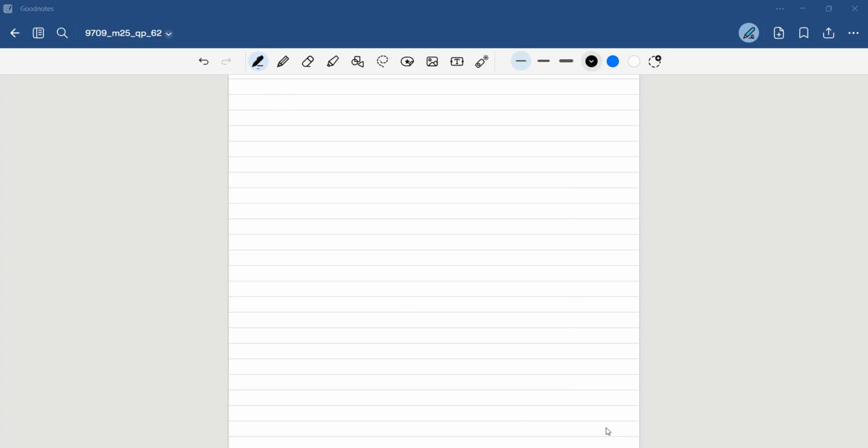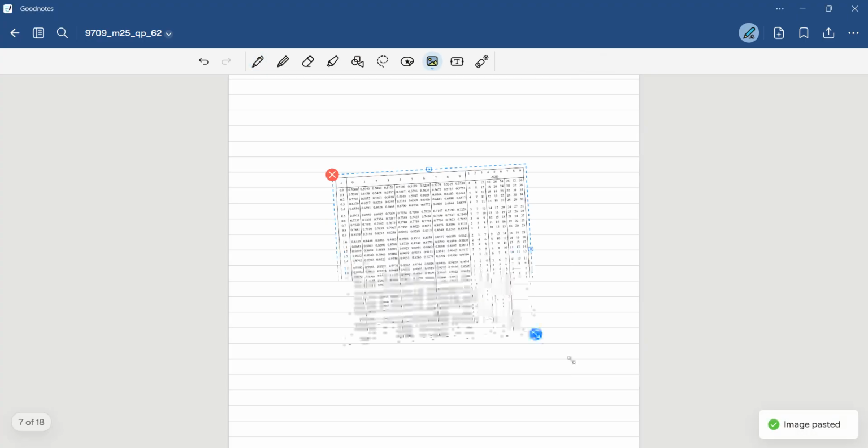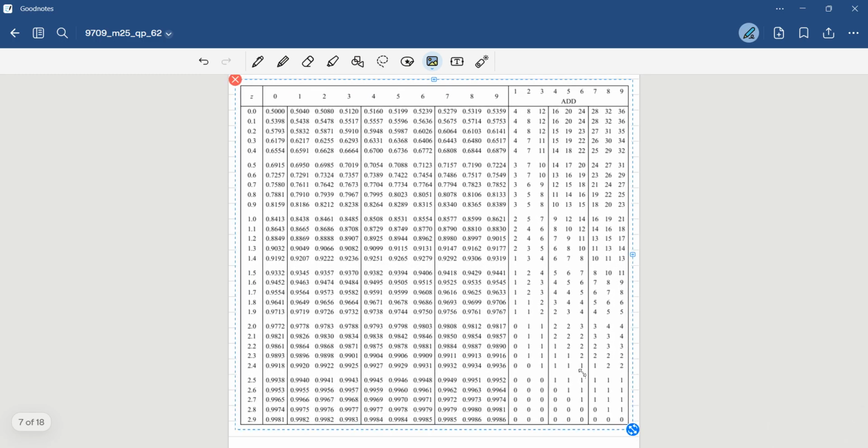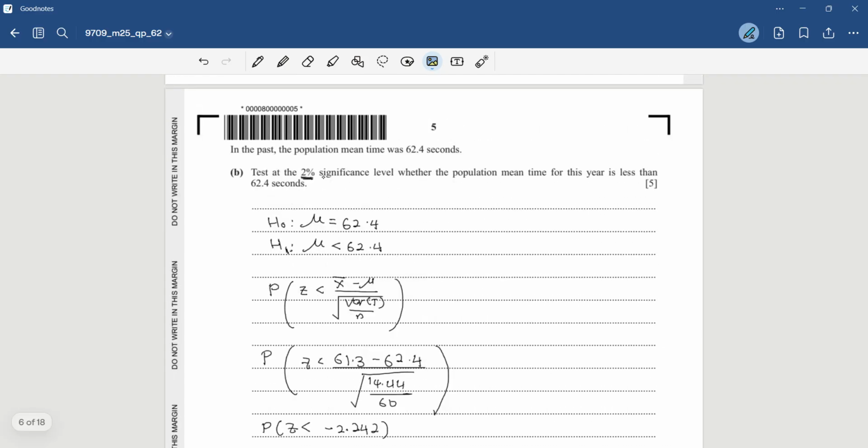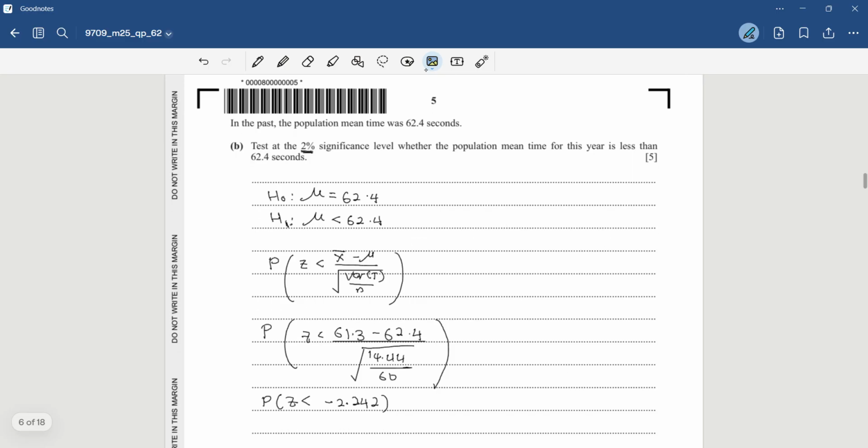Give me a second. So for just now, for 2% significance level, it's going to be here.